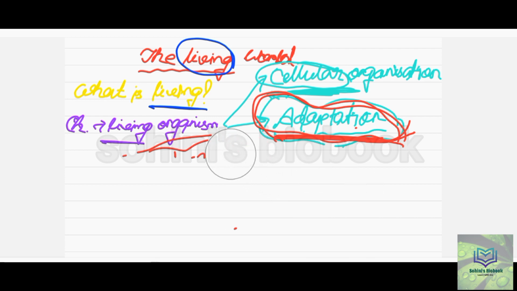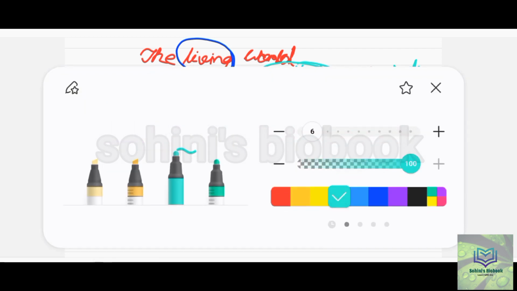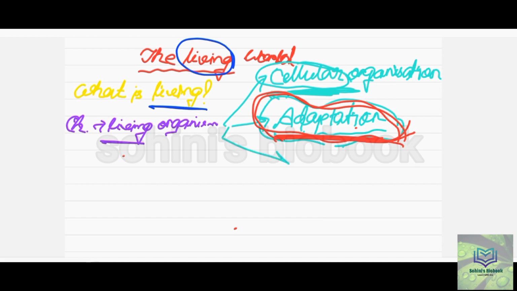Okay, now what can be the next character? That is a very important character. What is it? It is reproduction. Non-living things cannot reproduce themselves, but living organisms reproduce to carry forward their generation or their species.